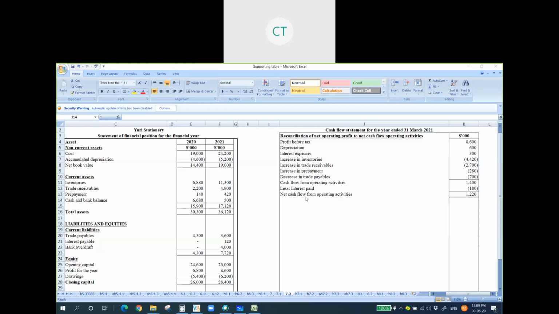The next section in your cash flow statement is investing activities. We have one item in the investing activity, which is your purchase of property, plant, and equipment. Where can we get this amount?